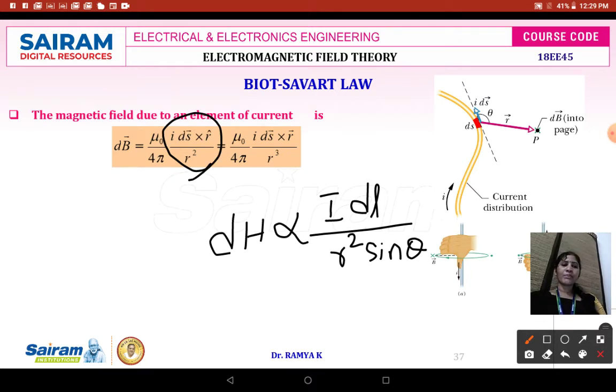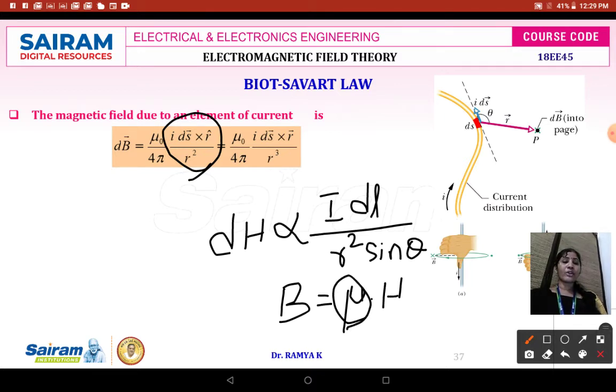And the relationship between your magnetic field and magnetic flux, we know that the magnetic flux density B is equal to mu into H, where mu is nothing but your permeability. In case of electrostatics, we have epsilon which is nothing but permittivity, whereas in case of magnetostatics, we have the term mu which is nothing but your permeability.